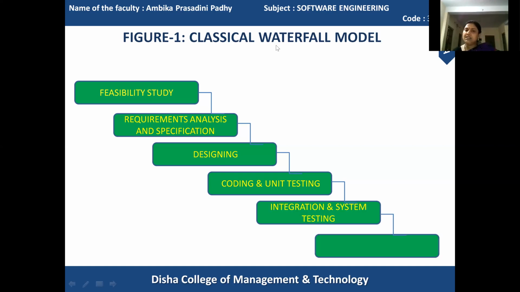Then integration and system testing combines all the unit-tested modules together and tests them to find out their combined effect. In system testing, the user's acceptance, the customer's acceptance, and whether it is going to fulfill all other respective needs of the system are checked.